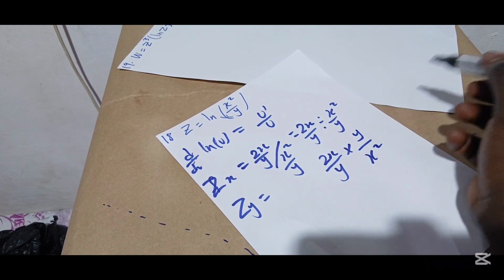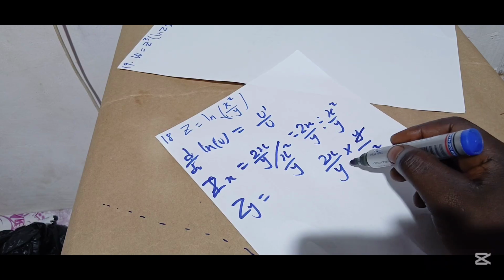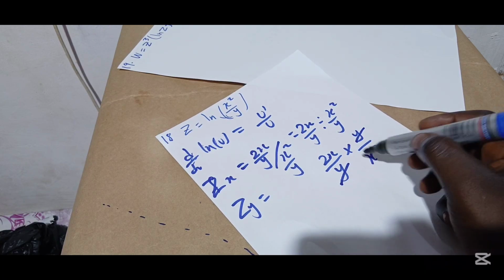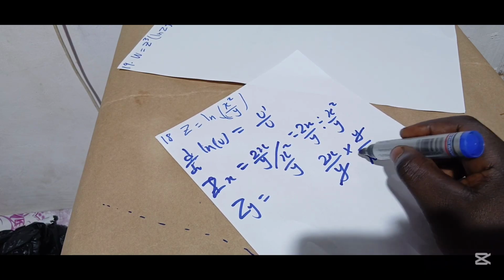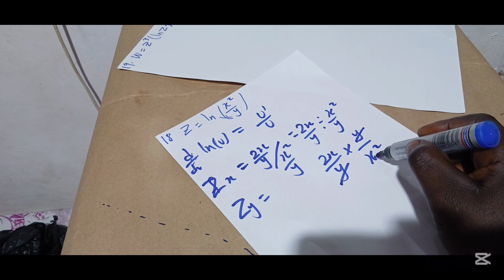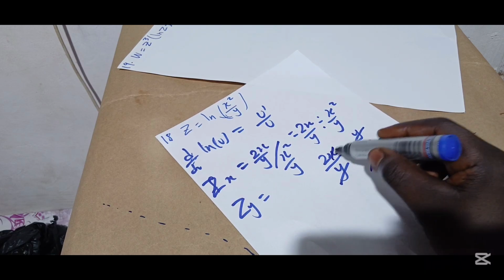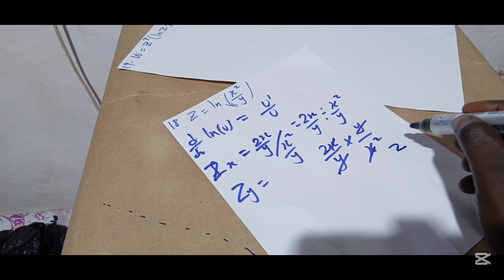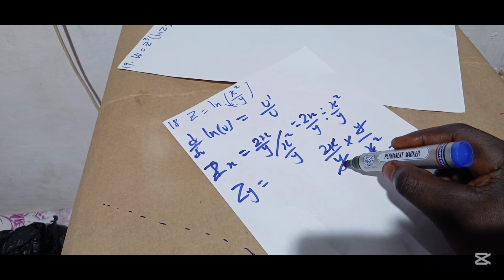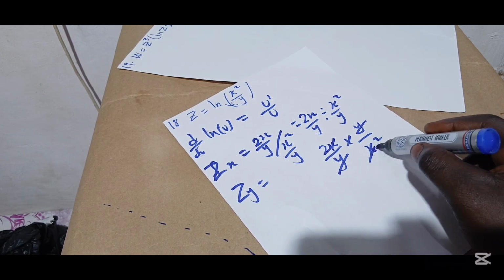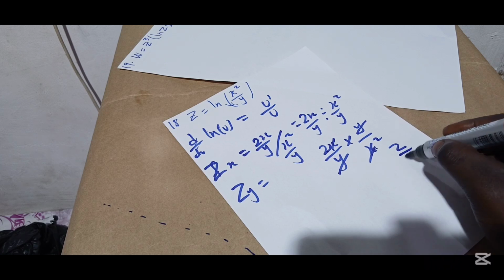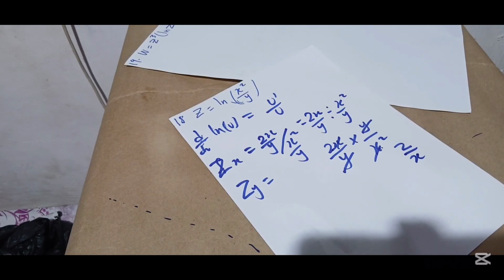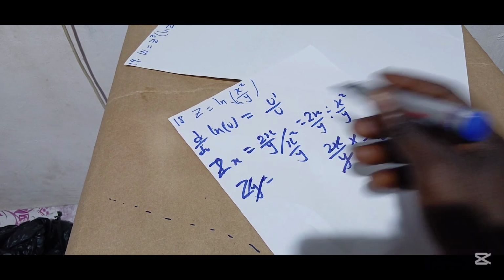So we have x here and x here. One of these x, we take care of this x. Remaining 2 by 1, which is 2. And then at the denominator side, we have 1 by x, which is x. So the final answer for this is 2 over x. That is for zx, right?